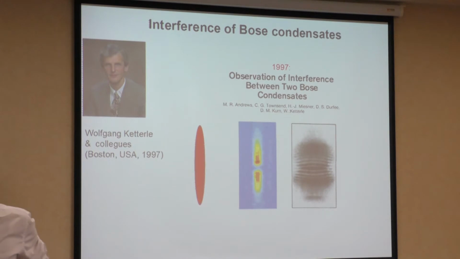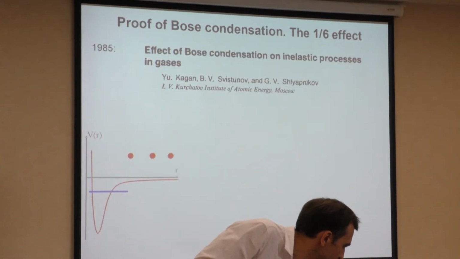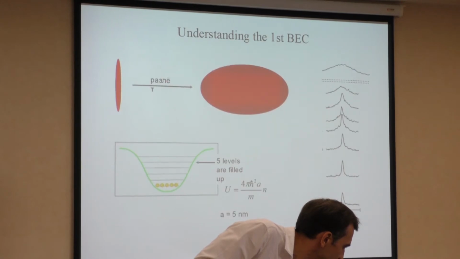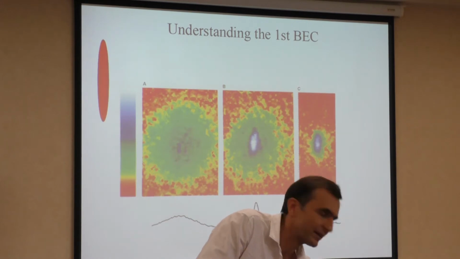Now a historical note about the importance of positive scattering length. In all experiments I told you about, all experiments on Bose-Einstein condensation, the scattering length was positive. So this was the first Bose-Einstein condensate.